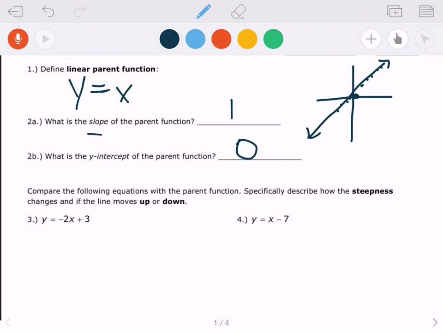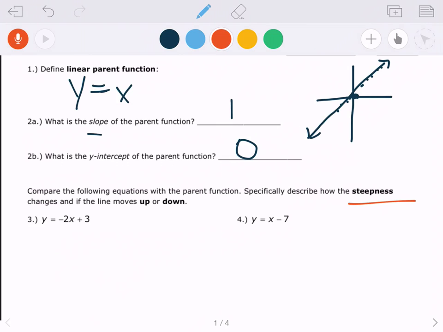So if we're looking down to number 3, the directions say, compare the following equations with the parent function. Specifically describe how the steepness changes and if the line moves up or down. So if you think about the two parts of a slope-intercept equation, we have the slope and the y-intercept.